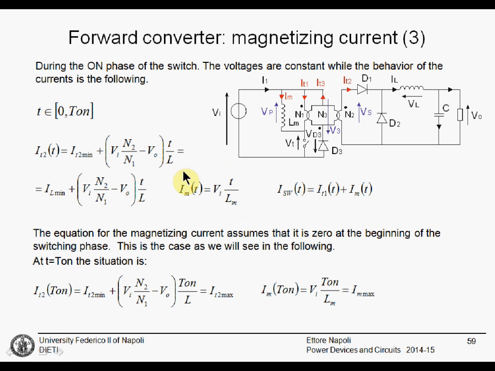The beginning current is 0. At t equal t on, when these currents are at their maximum, they will be defined by the previous equation, where instead of t, the time, we introduce t on.